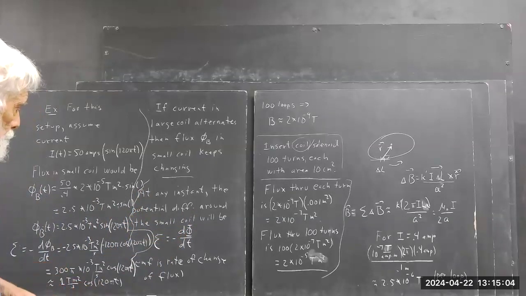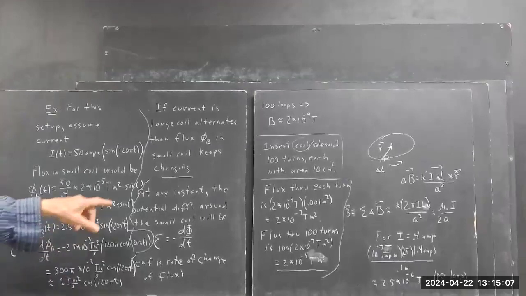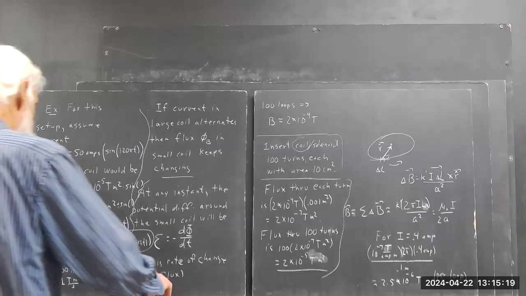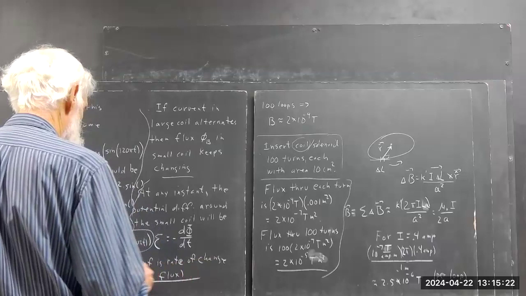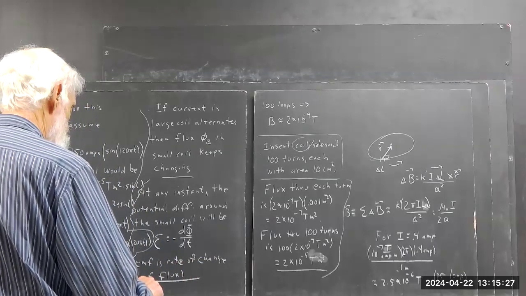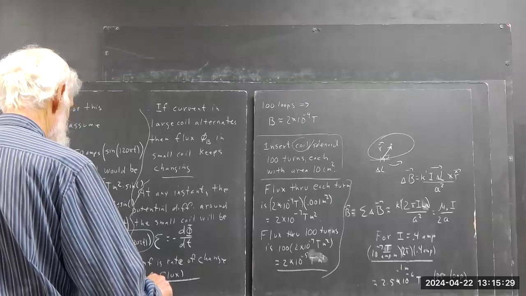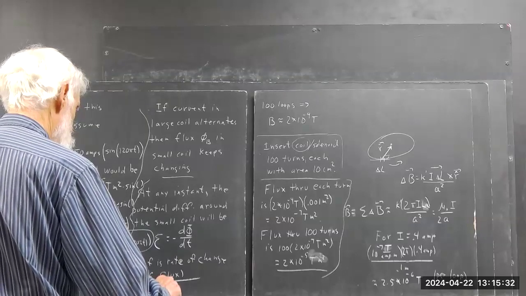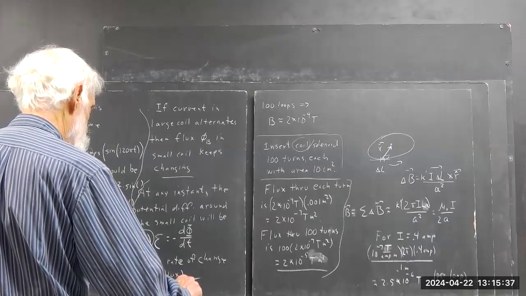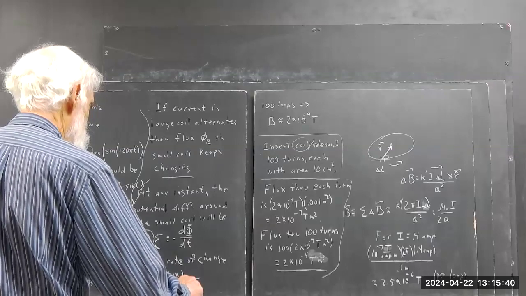Okay. Which means the flux in this thing changes at this rate. Now, what's a Tesla meter squared per second? That's a volt. That's 1 volt times the cosine of 120 pi t.